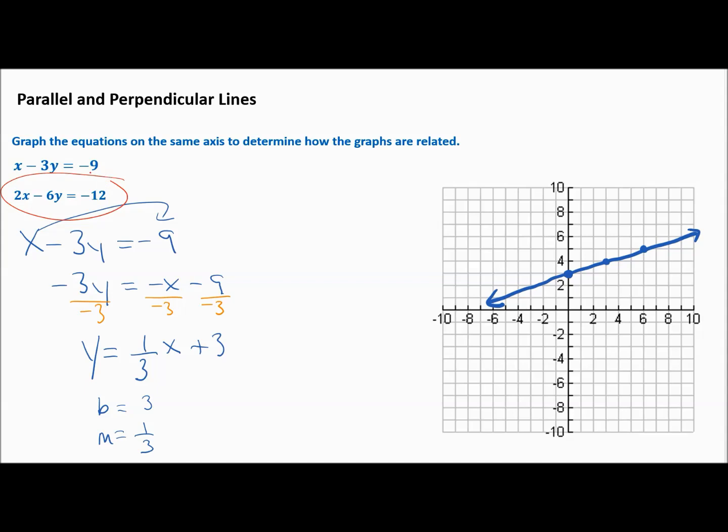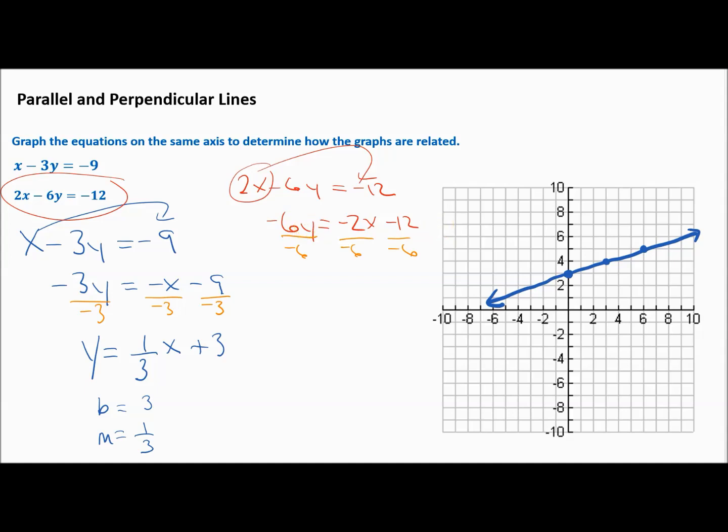2x minus 6y equals -12. The problem with that is it's also not in slope-intercept form. So what I want to do is move this 2x to the other side. That's going to make it negative over there on the right. So I'm going to say -2x minus 12. Now I have to divide each one of these terms by -6, which makes them fractions.